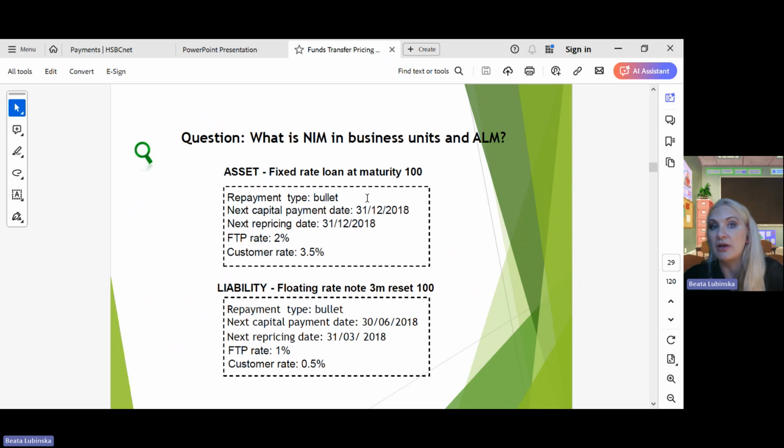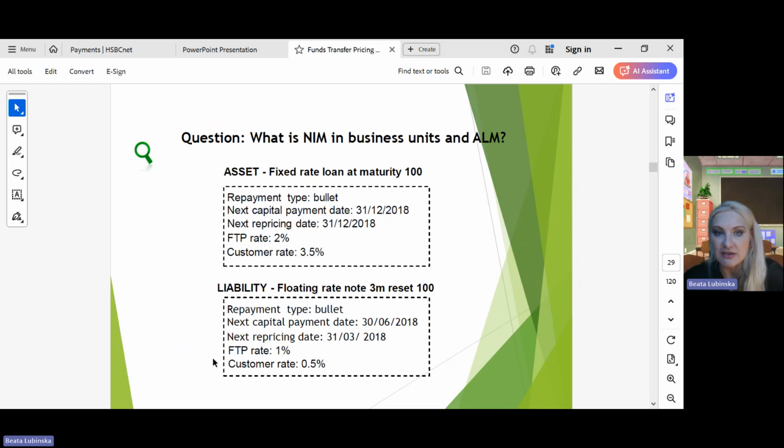So those two can be different. In this particular case, they are the same. So repricing profile of this asset is exactly the same as the maturity of the asset. And the reason for this is because it's the fixed rate loan with bullet maturity. So 100 notional.